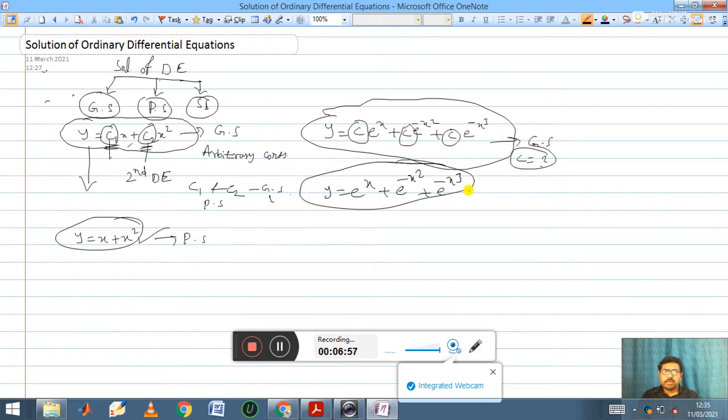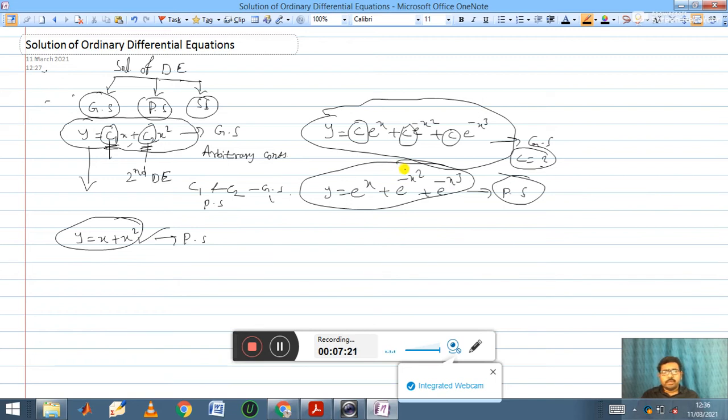This is known as a particular solution, which is free from c. So we can conclude that the particular solution is a continuation of the general solution, but the difference is that the general solution consists of arbitrary constants.